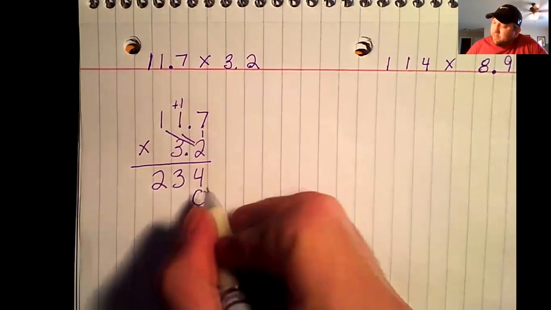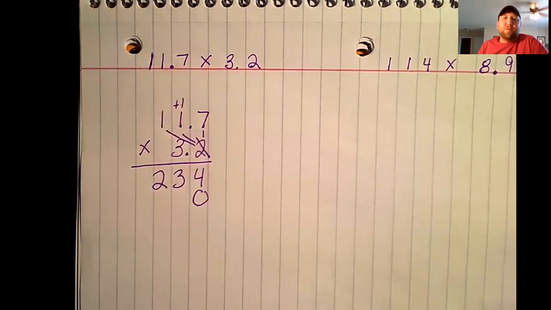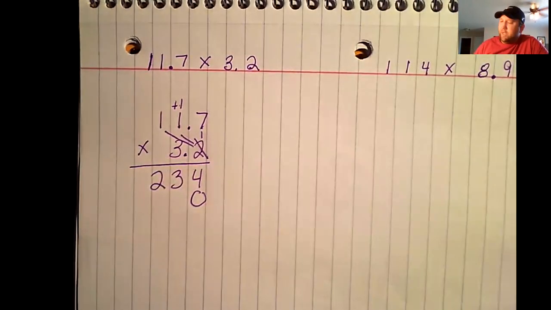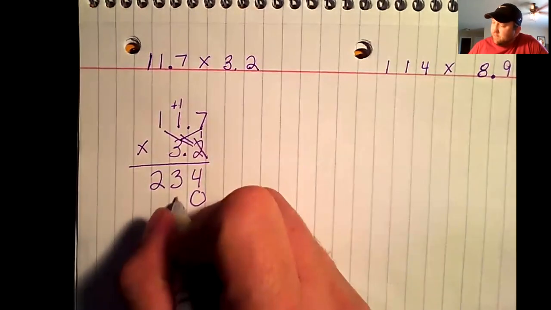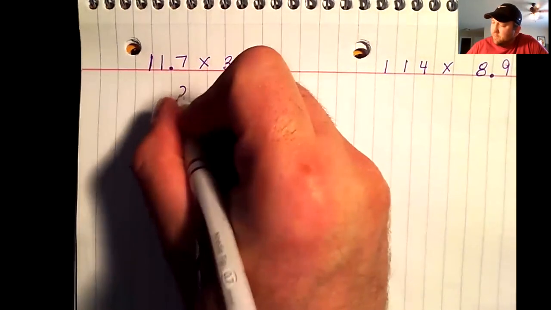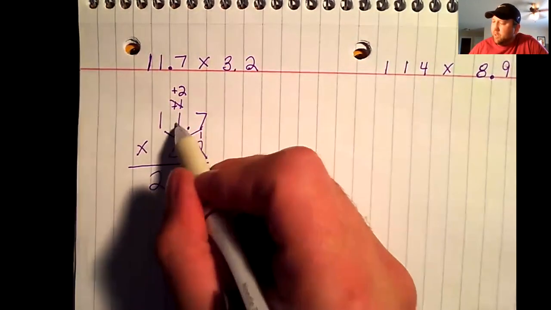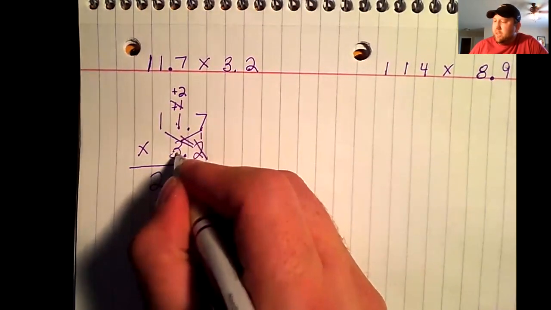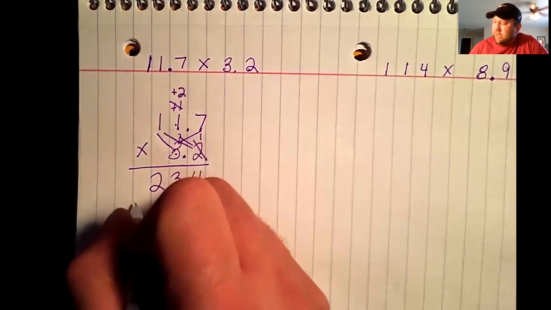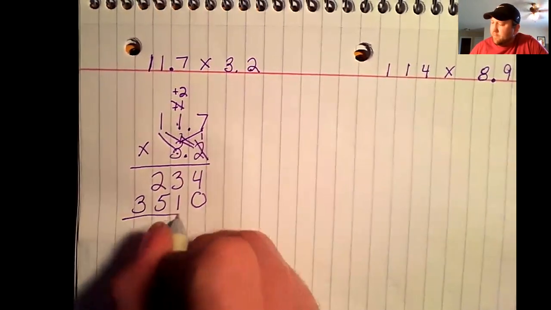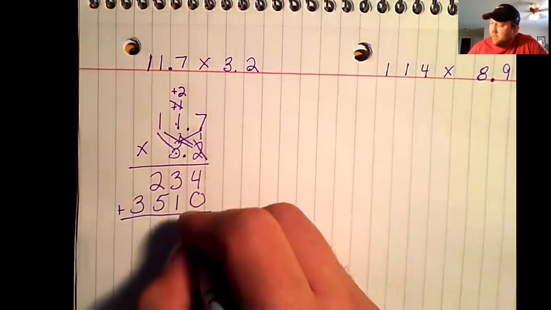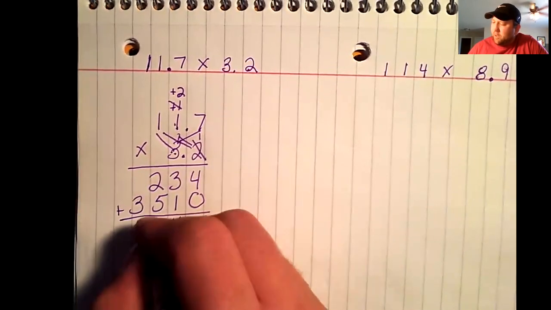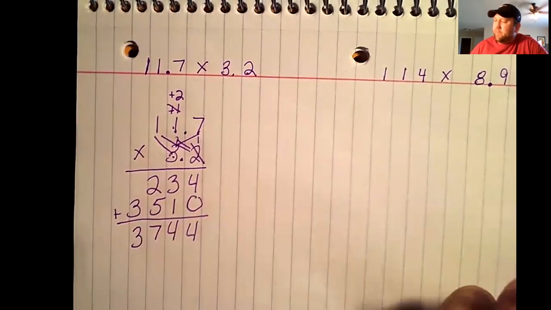We add our 0 because we're now done with that spot. We're moving over to the 3. And we got 3 times 7, which is 21. 3 times 1 is 3, plus 2 more is 5. And then 3 times 1 is 3. Add those together. 4, 4, 7, 3.